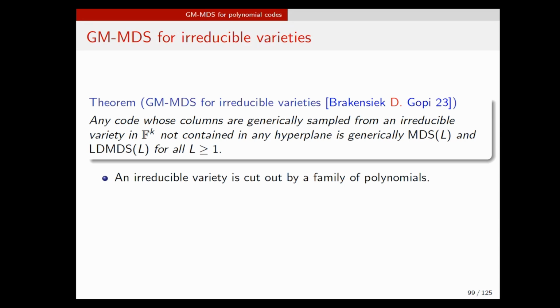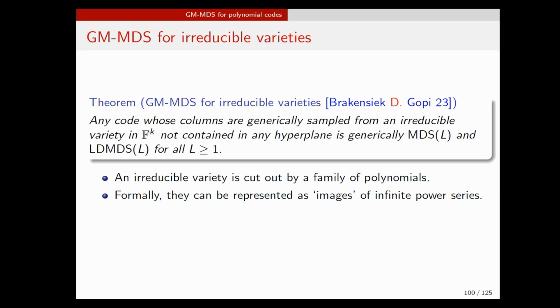An irreducible variety is basically something which is cut out by a family of polynomials. Irreducible basically means it can't be broken into parts. If you've not seen this, don't worry too much about it. Polynomials are one kind of function, but you can also get infinite power series. They're slightly strange to think about over finite fields, but possible to make sense of. At least formally, algebraically speaking, you can think about varieties as images of infinite power series.